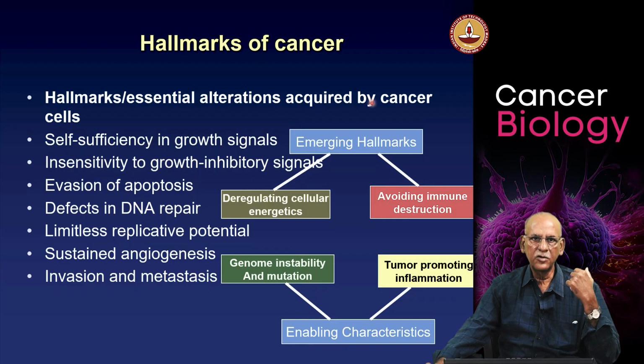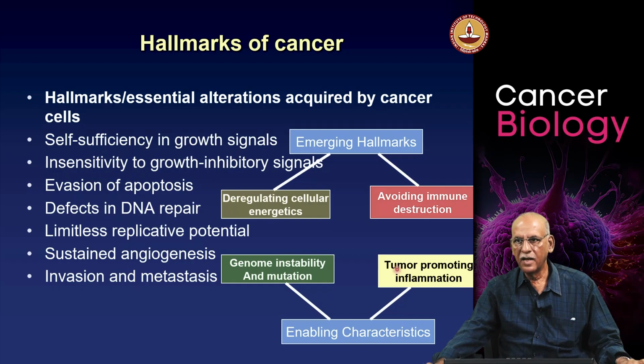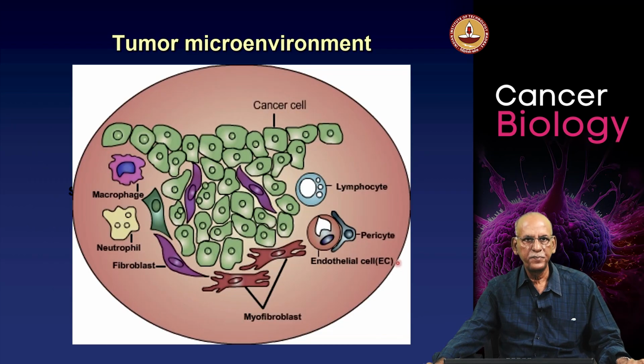So, these are thought to be some of the emerging hallmarks and enabling characteristics of cancer cells. These slides are introductory in nature, and I am just giving you some overall view before going into other details.